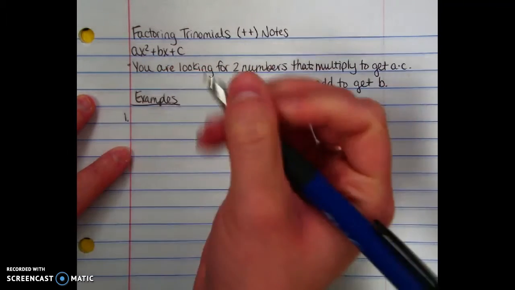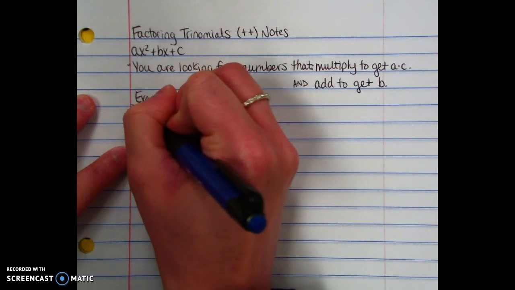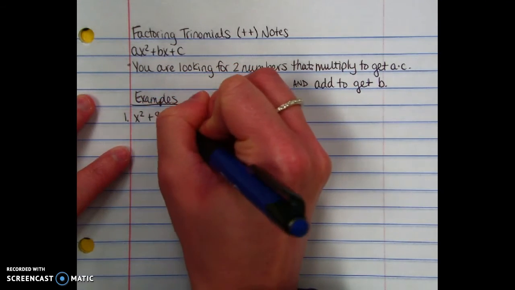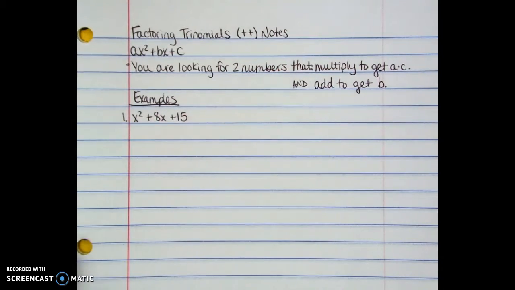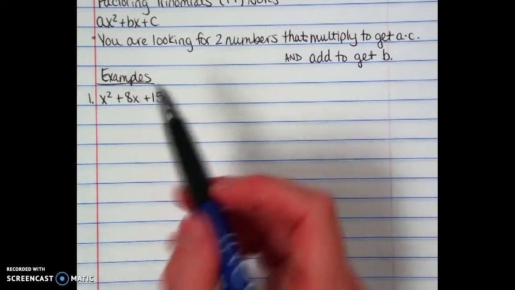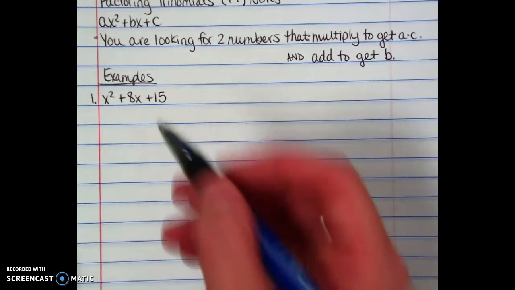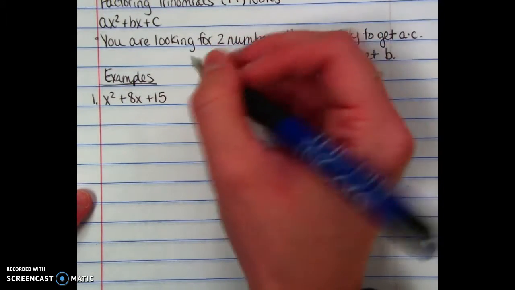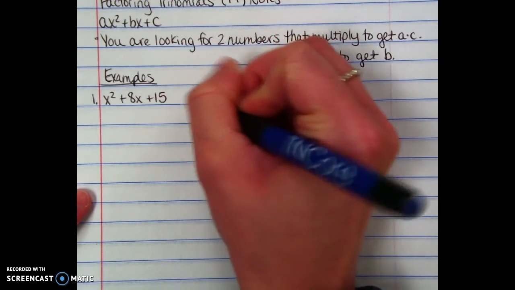Okay, number 1, x squared plus 8x plus 15. Again, I'm looking for two numbers that multiply together to get me a times c. This might be helpful. I've done this in the past where I make a little table.